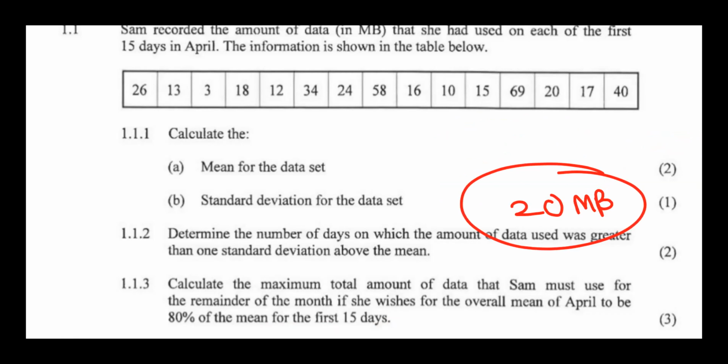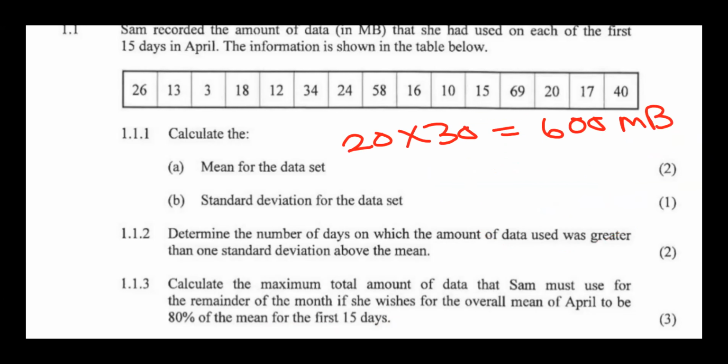So let's work out what her total expenditure will be for the month. If she's spending 20 megabytes for 30 days, it's going to be 600 megabytes in total that she'll be using for the month. Okay, now she already spent, what is 25 times 15? Because I'm just thinking what the average was, and it was for 15 days.